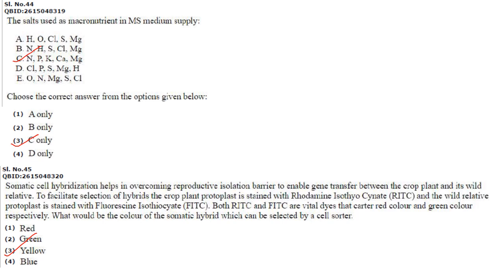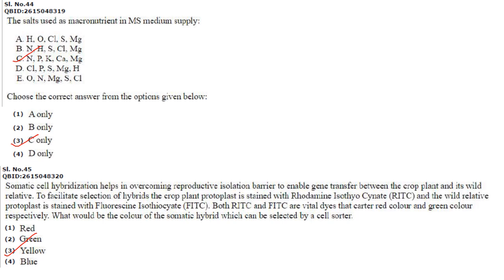So first what they did was, to select hybrids, they stained the crop plant protoplast with rhodamine isothiocyanate or RITC and its wild relative protoplast with FITC. Now RITC imparts a red color and FITC imparts a green color to the protoplast.